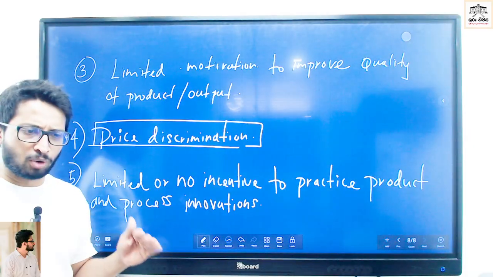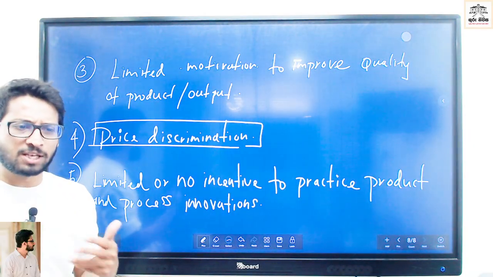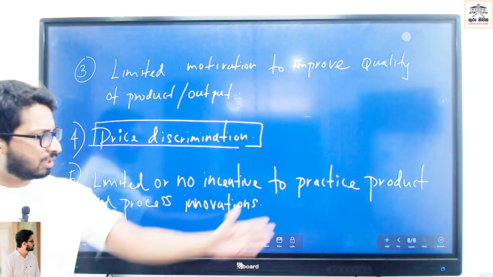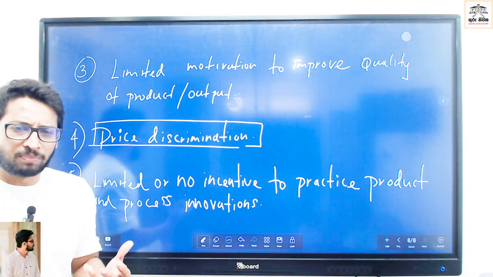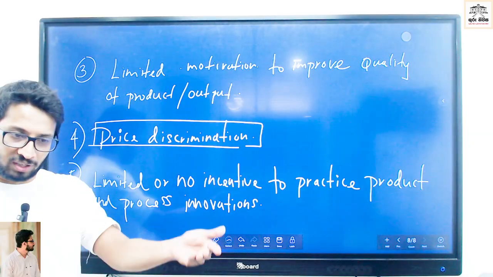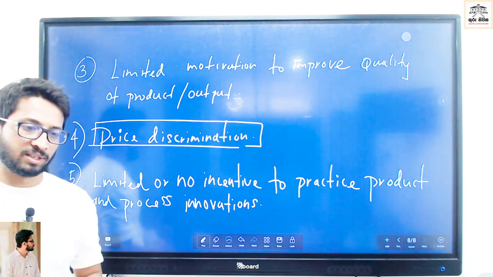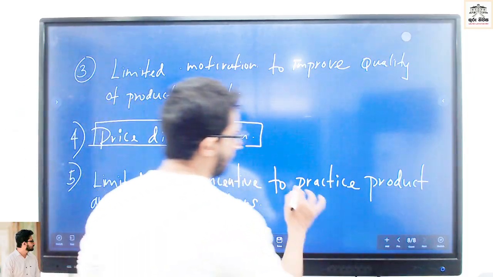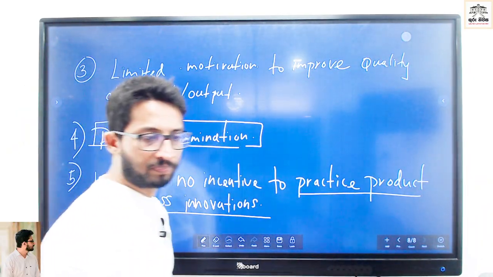The monopolistic firm thinks, why should I allocate more funds to offer something new, because whatever I offer, consumers have to buy. That attitude is there, right? So limited or no incentive to practice product and process innovations.